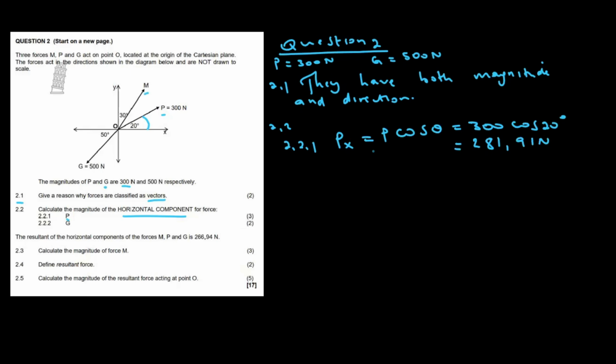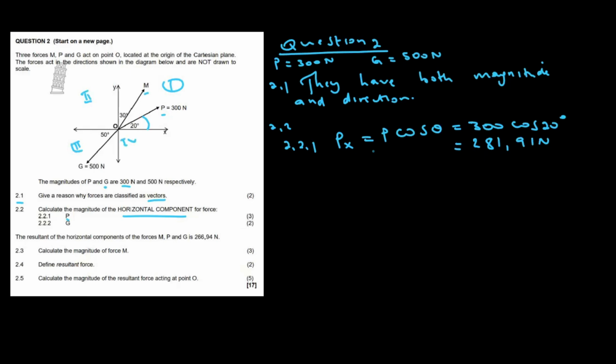They've asked me to calculate the magnitude, but most of the time we'll also need to include the direction. I'm interested in showing you how to get the direction for the horizontal or vertical component. The easiest way that I teach in class is using the Cartesian plane. If you look at where P is, this is the first quadrant, this is the second quadrant, this is the third quadrant, and this is the fourth quadrant.